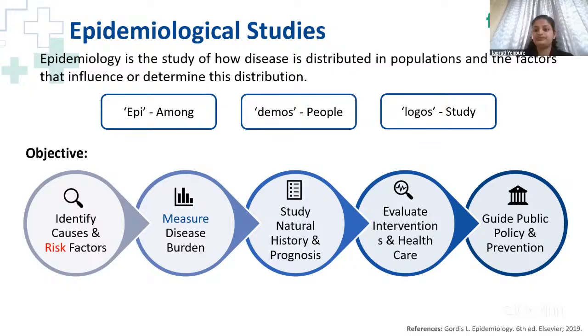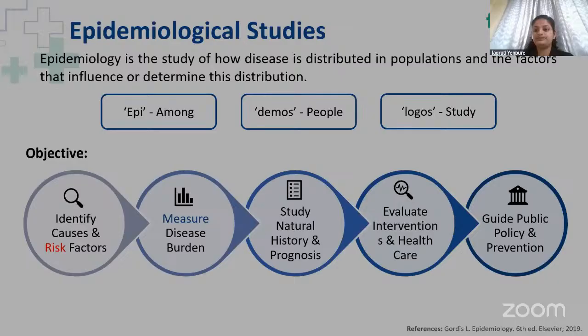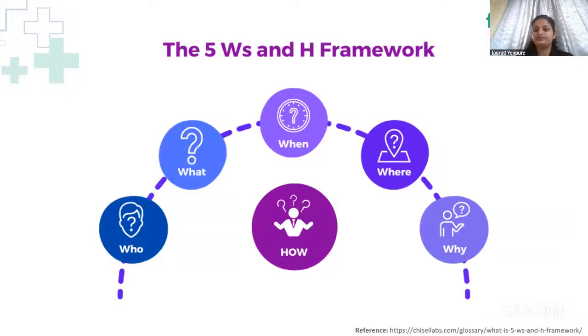Now we will see the 5 W's and H framework, which will systematically identify the person or the people who need to be involved in our study. We need to identify them initially. Then what is the risk factor?